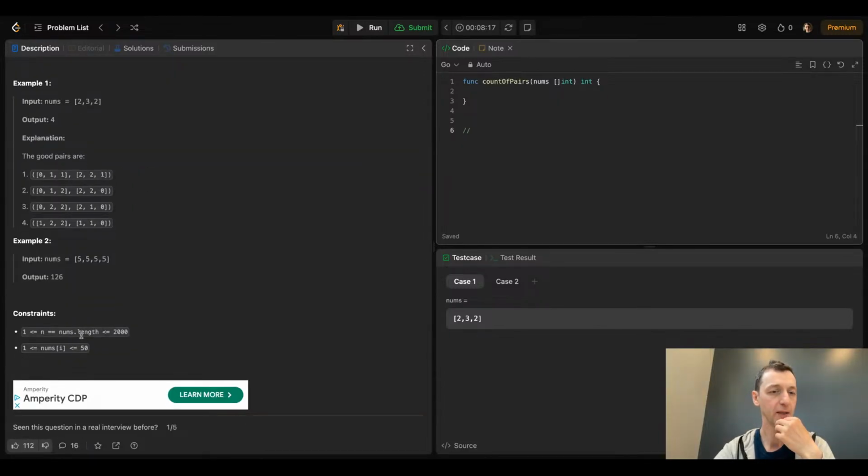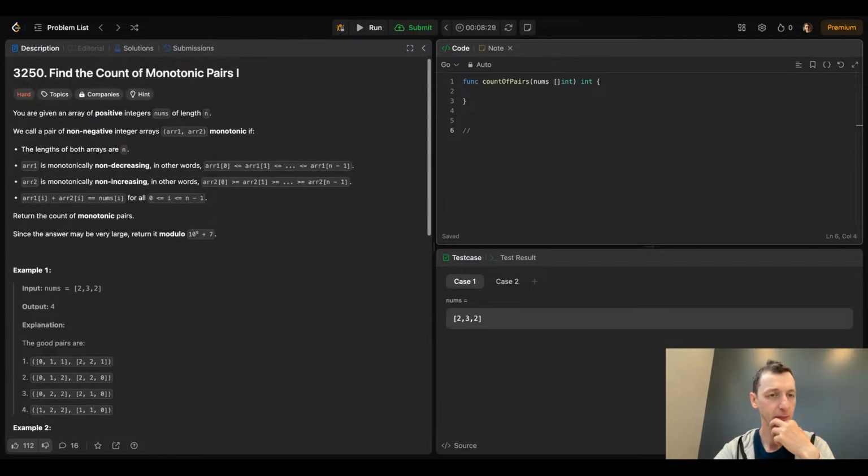The constraints are the length of the input is 2000, and the numbers are from 1 to 50, with at least one value in the array. Return the count. I'm curious, could those monotonic arrays be negative? We need to return non-negative integer arrays. Okay, so we count the monotonic pairs.